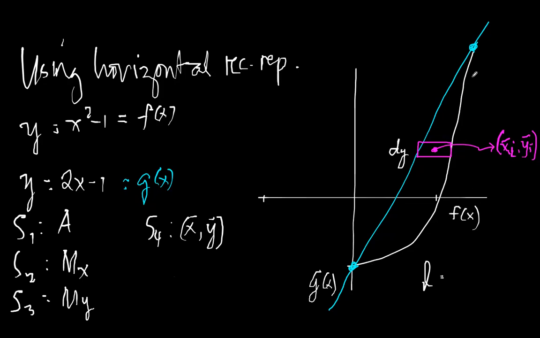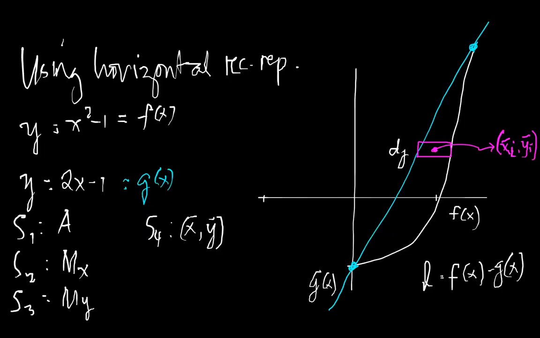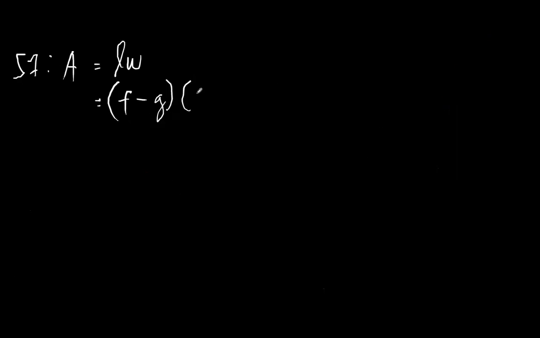Since g is on the left and f is on the right, we start with f of x minus g of x. The length is f minus g, and our width is dy, because that's the width of the rectangular representative.